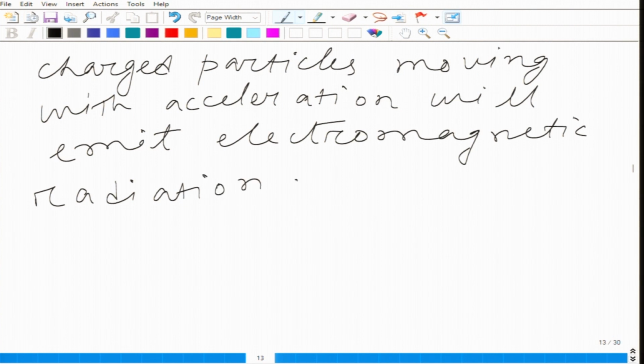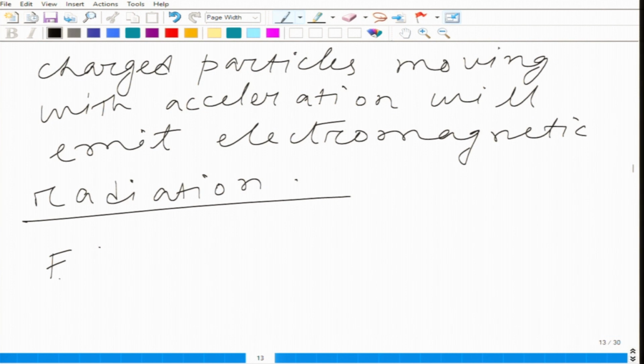Okay. So when electrons emit electromagnetic radiation, then they will shrink. Before that, let's see how the planetary model is similar to the electronic model.